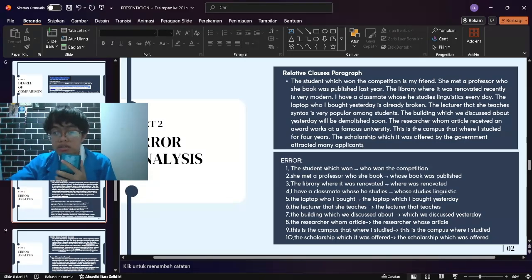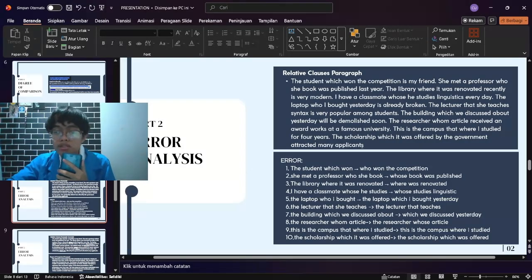Okay. Third one is "the library where it was renovated." Change it to "where was renovated," because it's not necessary to have "it" there. Fourth, "I have a classmate he studies": we change it because, just like the second one, we don't use a pronoun after the relative pronoun, since it already mentions the person, so we use "I have a classmate who studies linguistics every day."